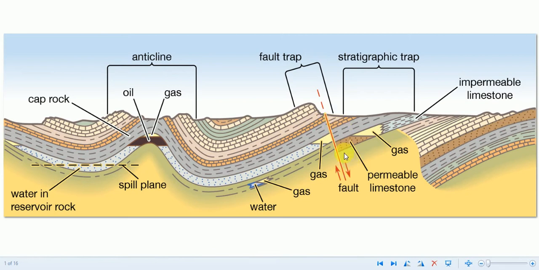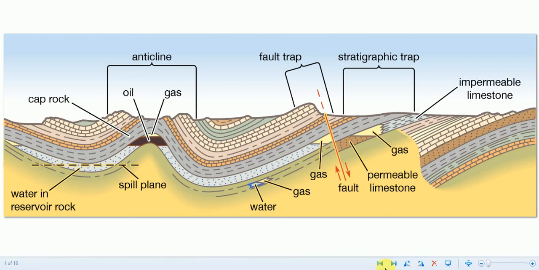See the arrow. This layer comes here and this layer comes here. That means faulting has taken place here, and because of this faulting process, gas, oil, petroleum is trapped here. So in this way, petroleum occurs either at the upfold of the anticlines, or petroleum or natural gas is trapped in the fault.